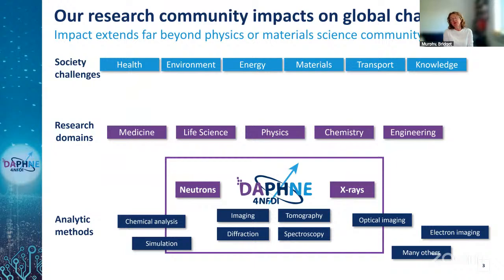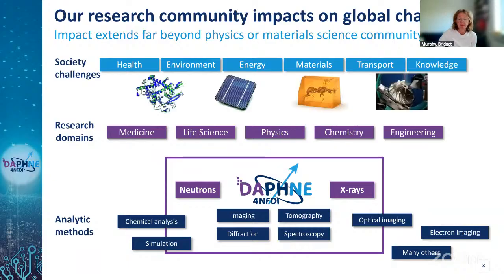So what we do with DAPHNE is we use neutrons and X-rays as our experimental probe. And we do a lot of experiments, including imaging, tomography, diffraction, spectroscopy, with both X-rays and neutrons. And these have applications in medicine, in life science, in physics, chemistry, and engineering.